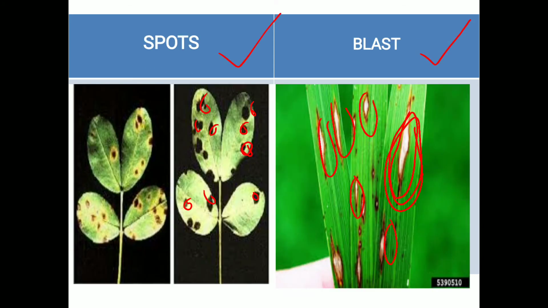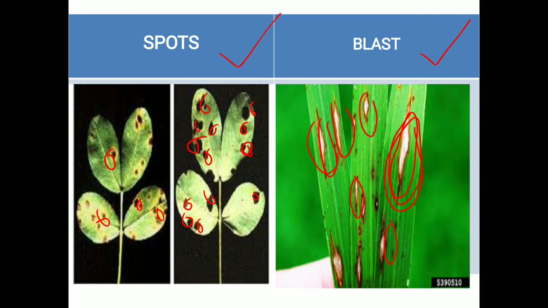Next one is spot. Spot means what? Due to the infection of a pathogen, there is a sudden destruction of tissue, and due to that, localized lesions are formed. Here localized lesions or spots are formed. Brownish or blackish spots are observed on the leaves. The next one is blast.